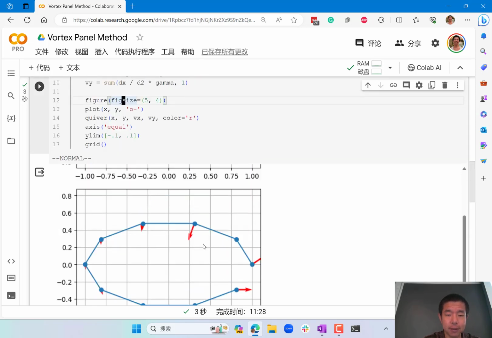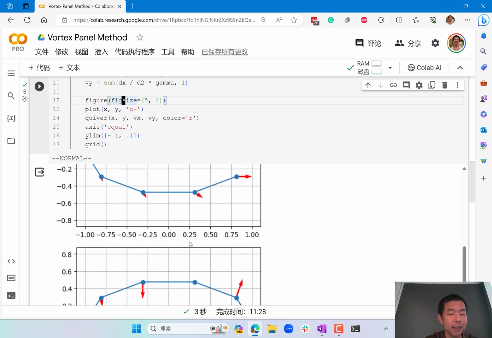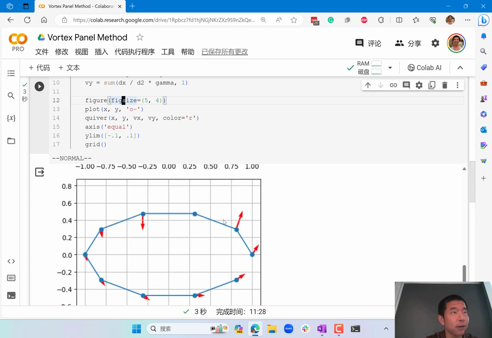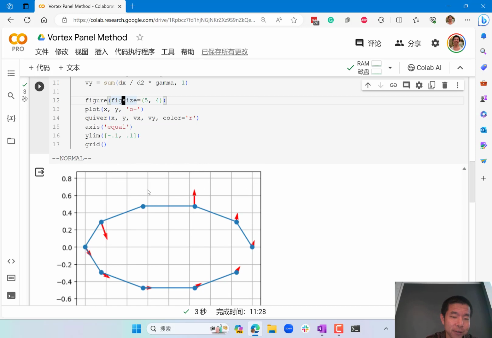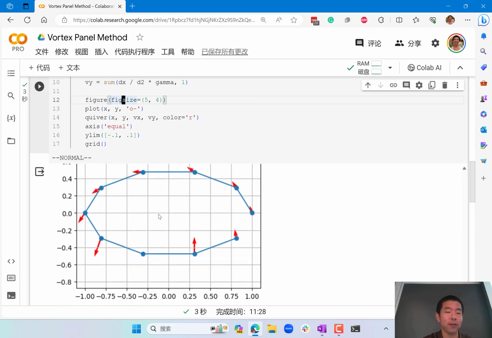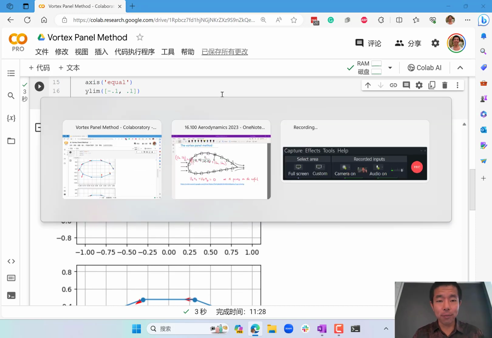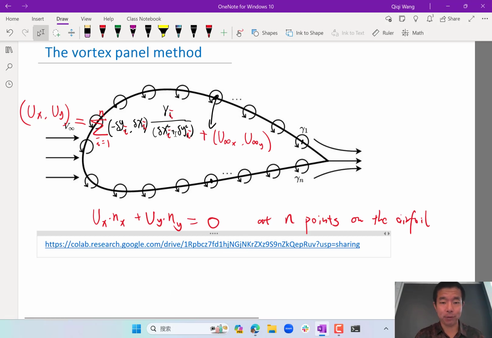So this is the first one. The second one is over here, it induces the flow like this. The third one induces a flow like this. The fourth one induces a flow around this point, etc. This is for all the vortices. Make sense? Okay. Now we have completed this term.